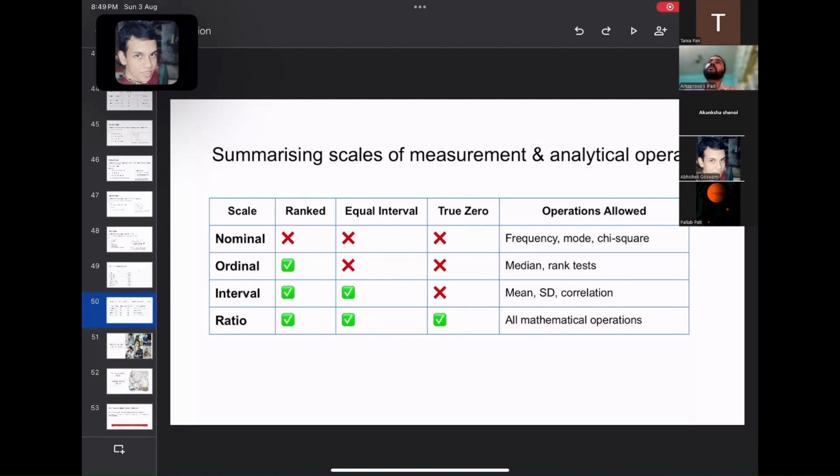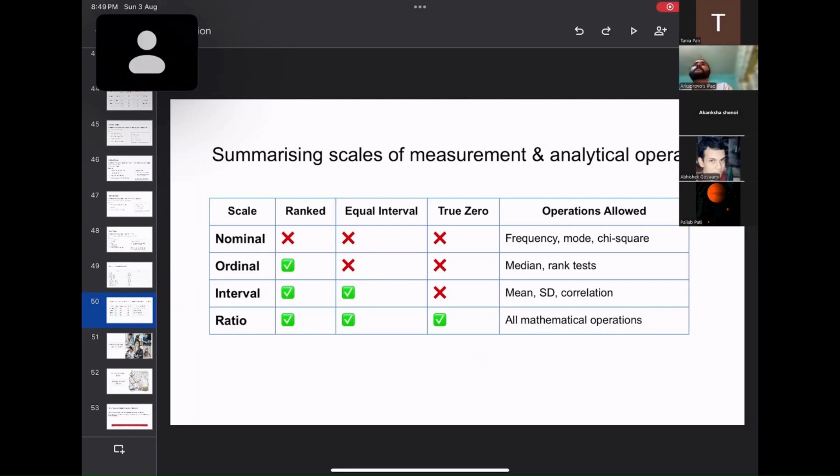From the ordinal scale onwards, you can rank them. If you remember, you can rank the severity of pain, the temperature, the height, the BP of an individual. Okay? Make sense?